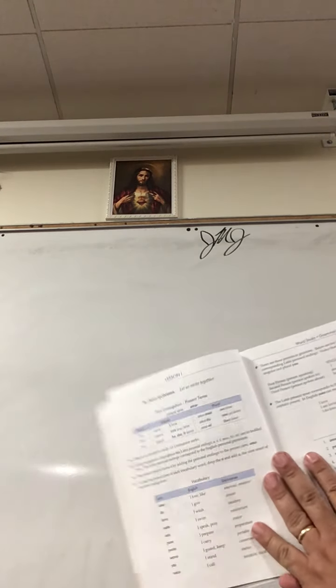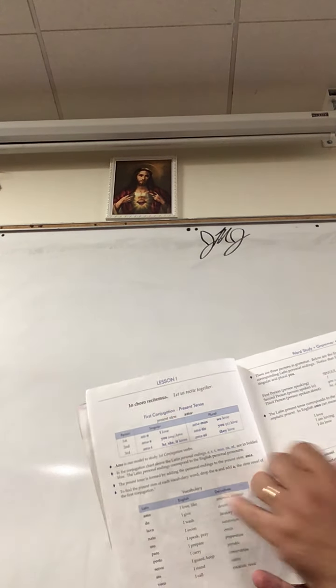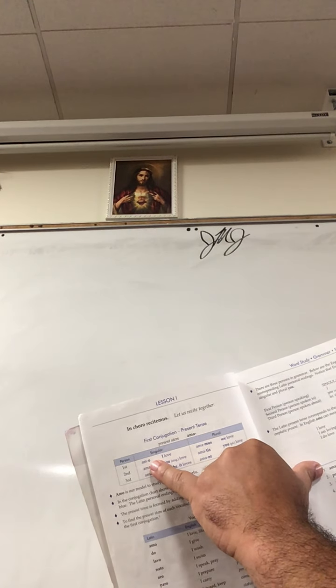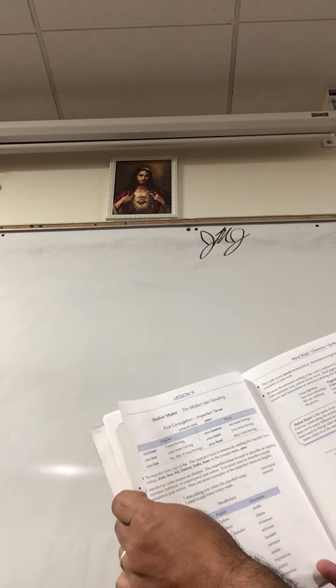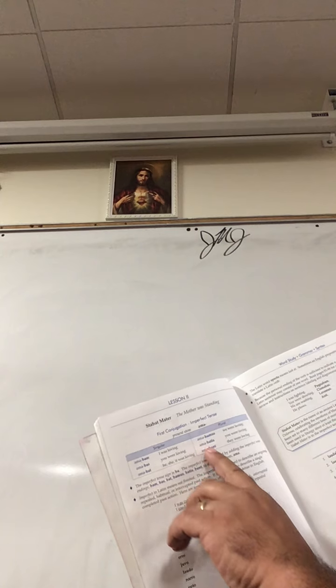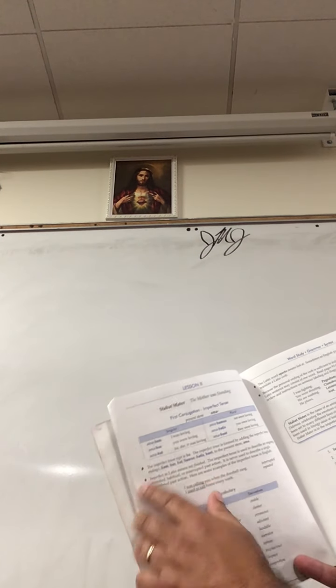So looking back, it's pretty much the same thing. The only difference is this one ends in o, this one ends in m, but you can see how all of these have ba, ba, ba, but they still have the personal endings.